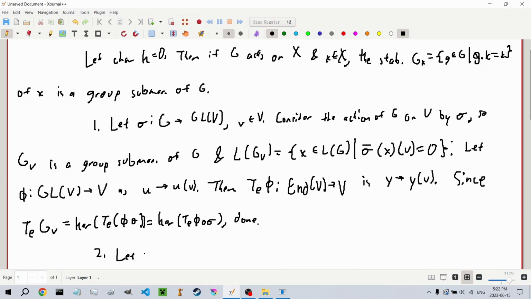Secondly, we let f be in the dual of our vector space and consider the stabilizer subgroup G_f with respect to our phi from before composed with sigma, sending G to the general linear Lie group of V star.